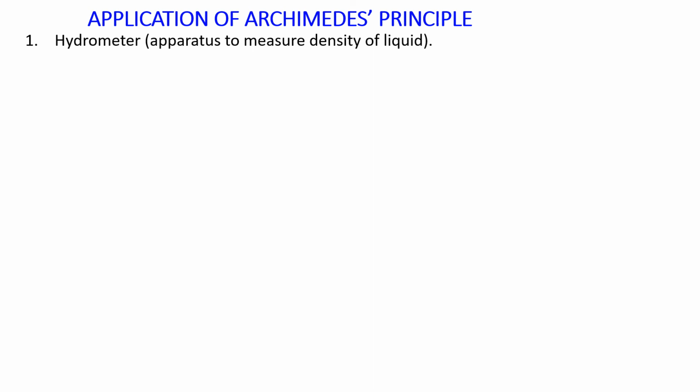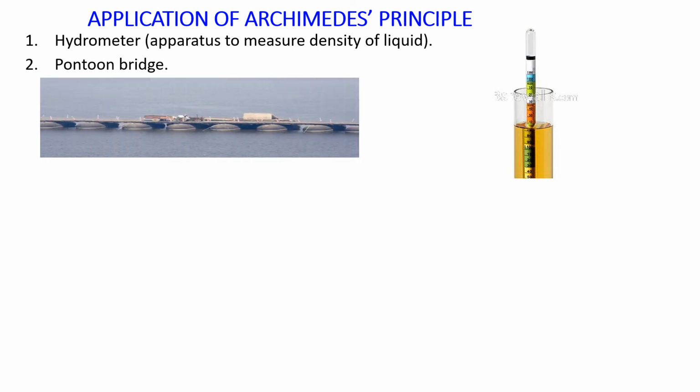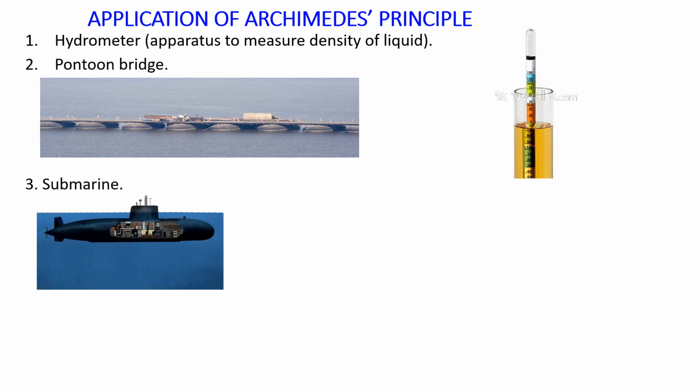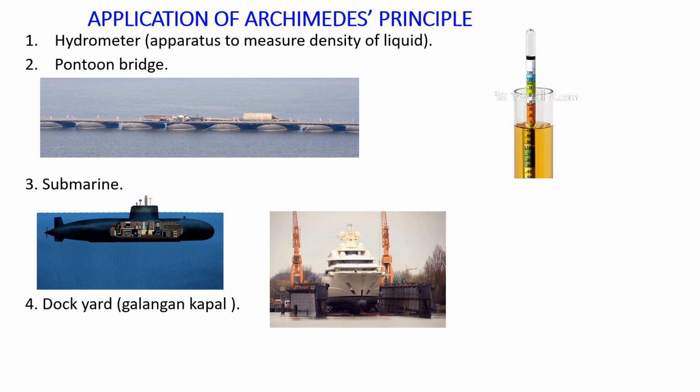Hydrometer is an apparatus to measure density of the liquid. Second is pontoon bridge. The third is submarine. And the fourth is dockyard. In bahasa we call it as galangan kapal. And the fifth is ship.